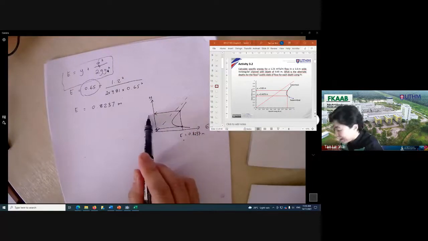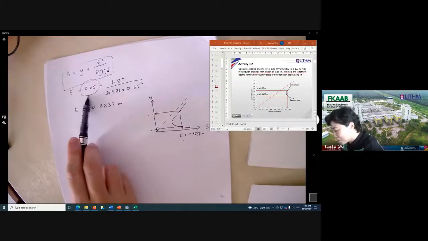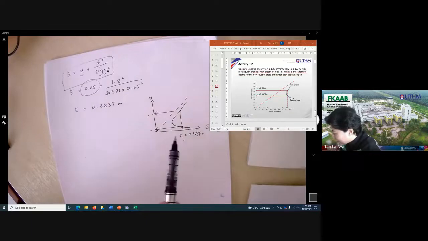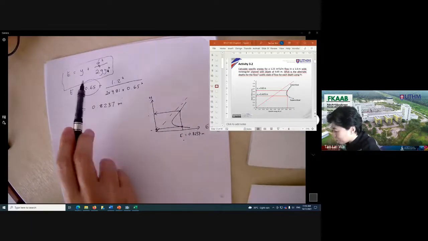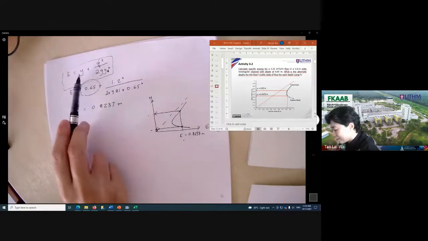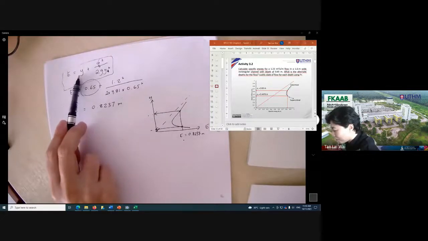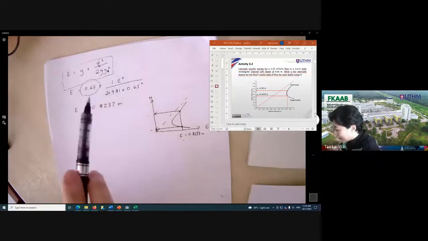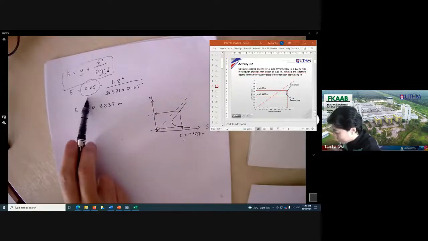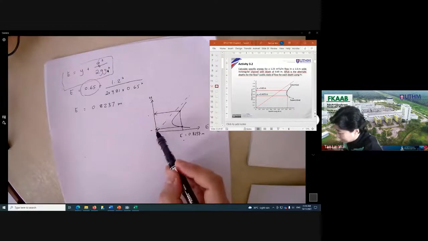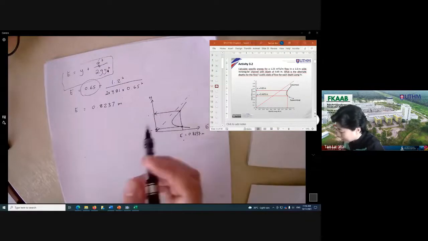But actually, I could check whether it's subcritical or supercritical. Having the same specific energy, there would be another value of depth of flow for me. But what I want to do is check whether this is the supercritical or the subcritical depth of flow.